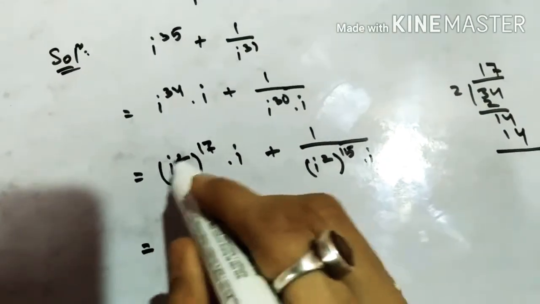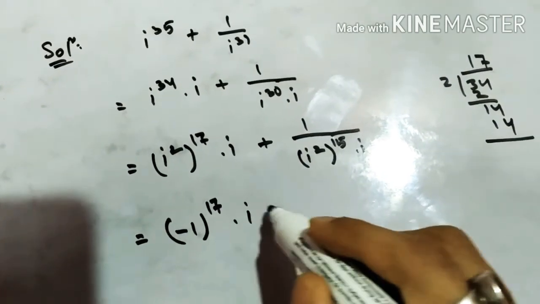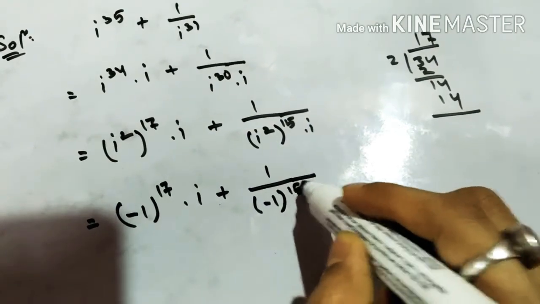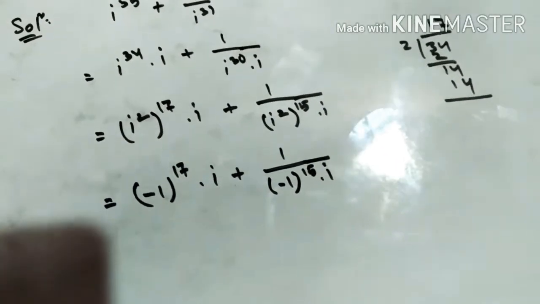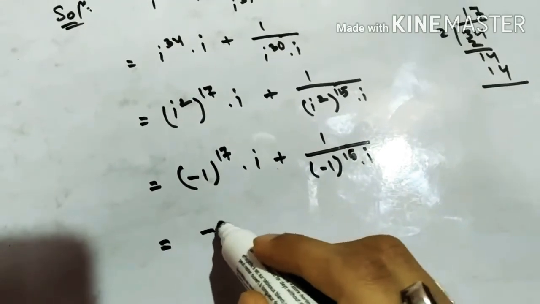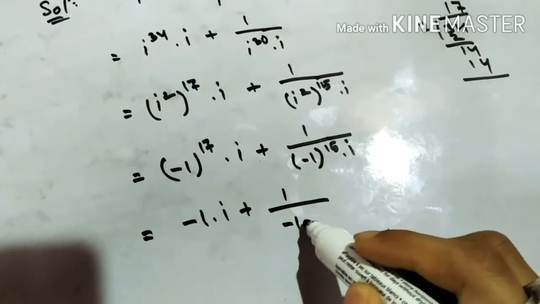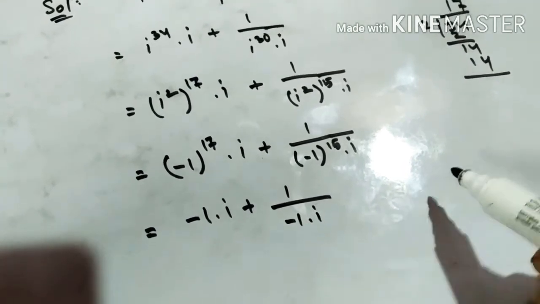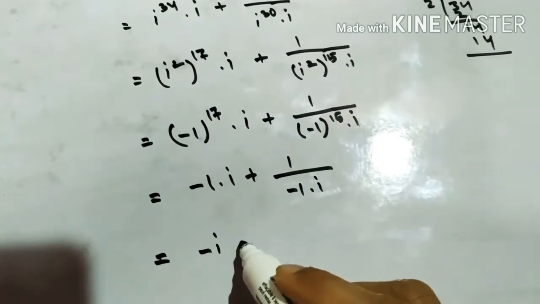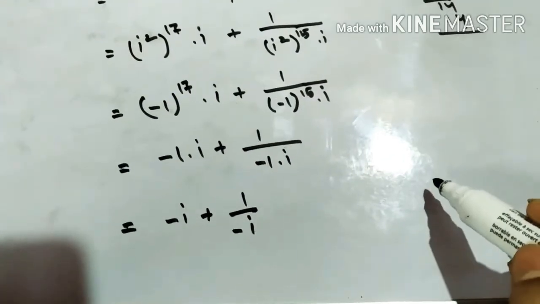This will become minus 1 to the whole power 17 into i plus 1 by minus 1 to the whole power 15 into i. So this will become minus 1 into i plus 1 by minus 1 into i, which is minus i plus 1 by minus i.